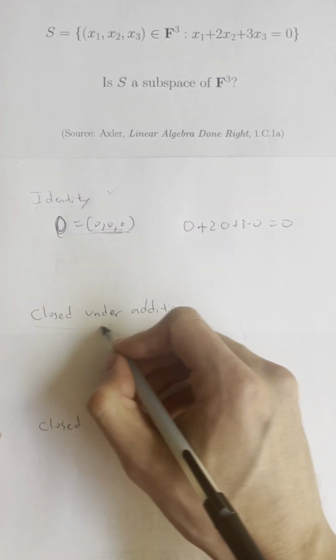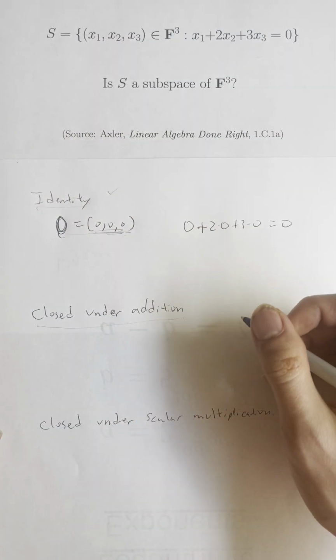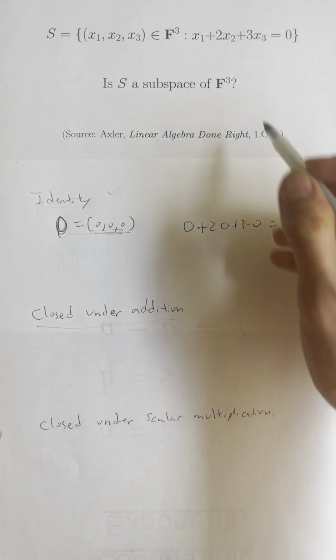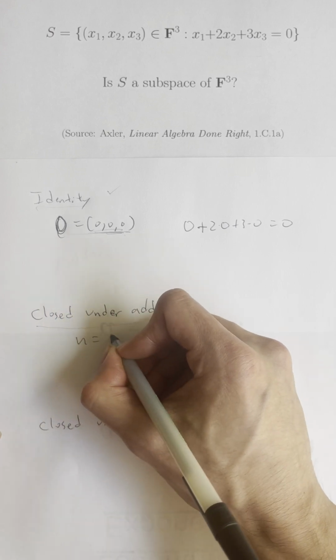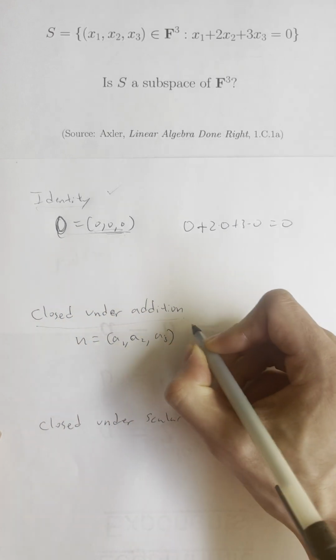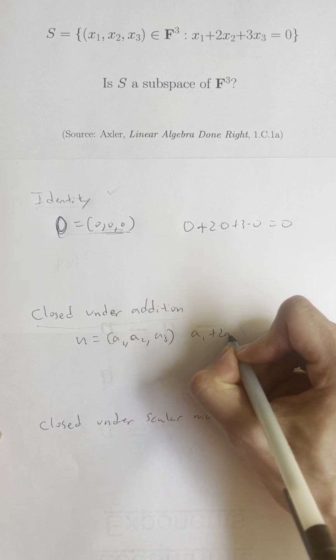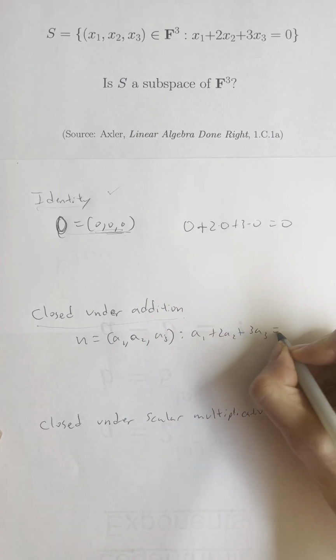Now we need to check if it's closed under addition. So we need to take two vectors and add them and see if it still satisfies this condition. Okay, so I'm going to let u be equal to a1, a2, a3, such that a1 plus 2a2 plus 3a3 is equal to 0.